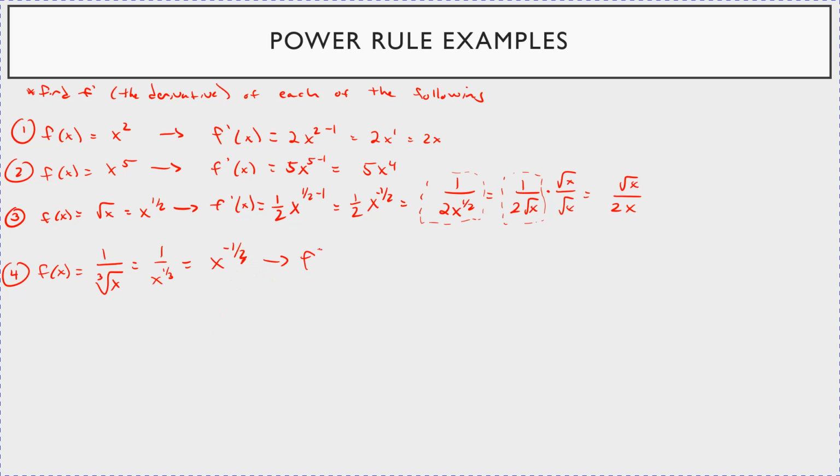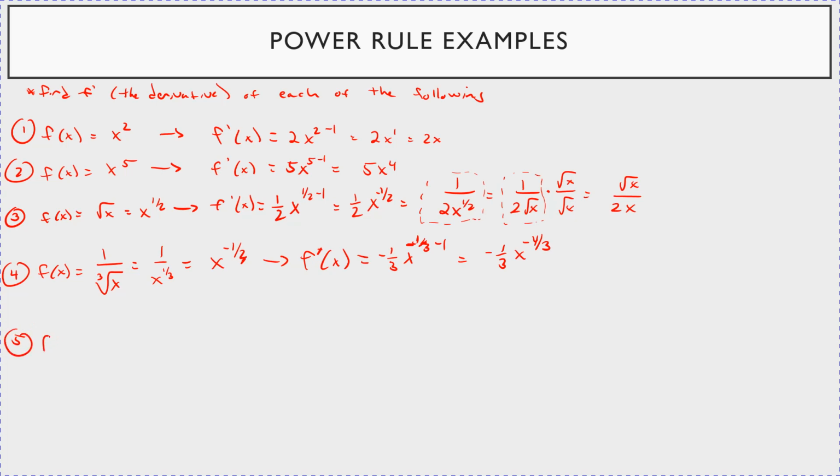So then f prime of x: bring the exponent down in front. So minus 1/3 x to the minus 1/3 minus 1. Well, minus 1/3 minus 1 gets me minus 4/3.